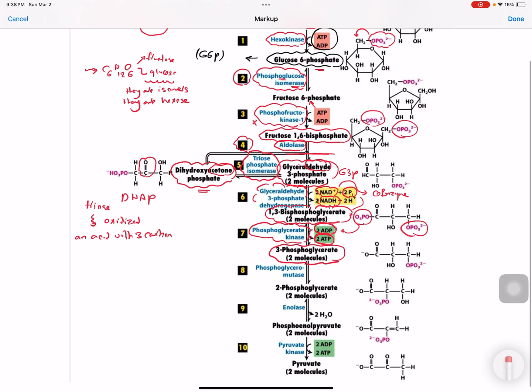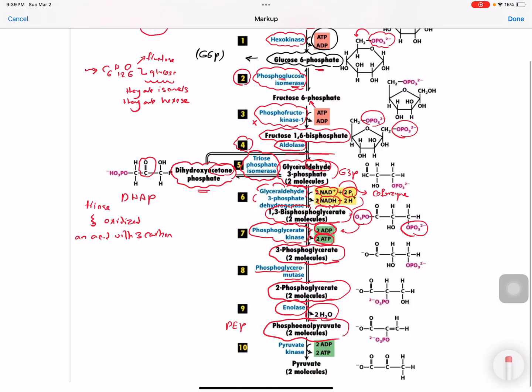And after that, the enzyme that is called phosphoglycerate mutase moves the phosphate to a new position, forming 2-phosphoglycerate, and the enzyme that is called enolase removes a water molecule, creating phosphoenolpyruvate, PEP.